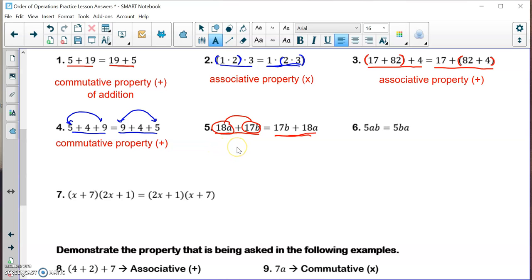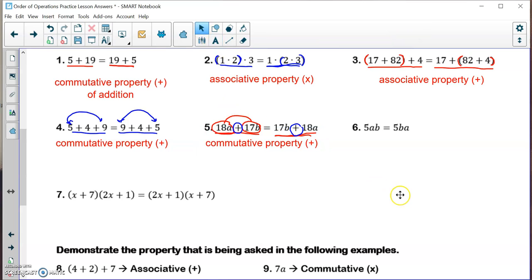Since the two things, this one's a little tricky, there are multiplication symbols technically in this. However, since the two things flipped around a plus sign, then that's the commutative property of addition. All right, next one.